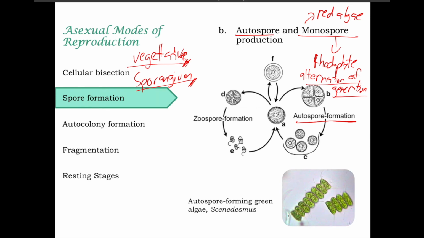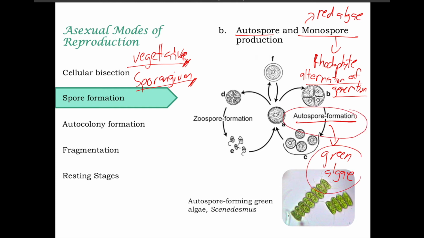So let's have a recap. The aplanospore is aflagellated. It is non-motile, but it can develop into a zoospore eventually. Zoospores are motile. Autospores are just like aplanospores, non-motile, but they lack the capacity to develop into zoospores.